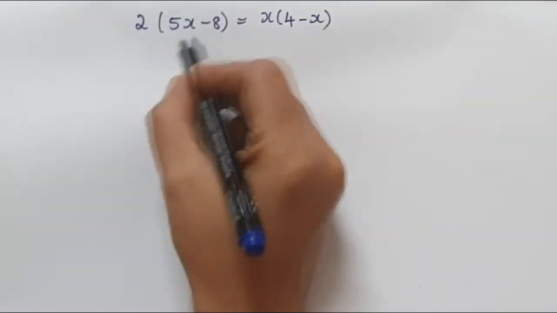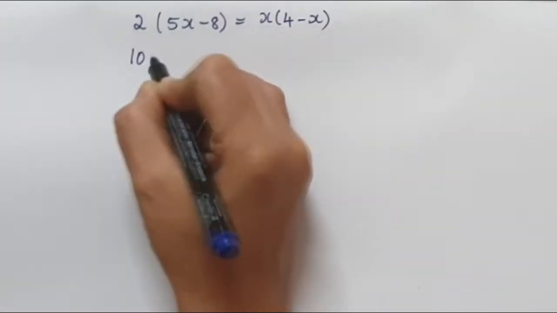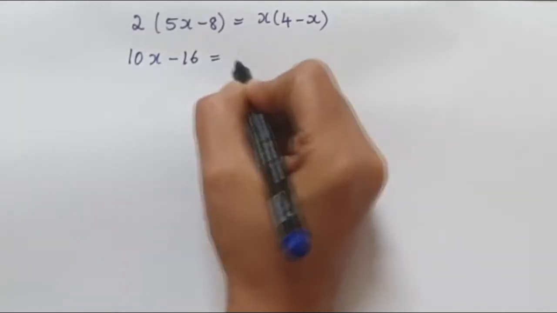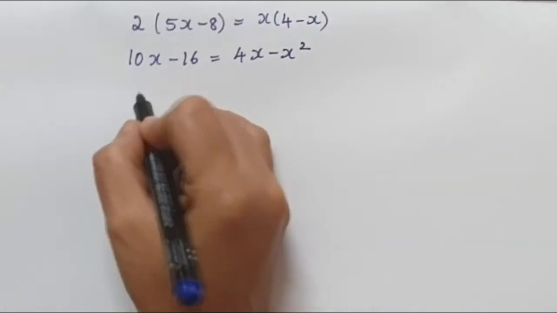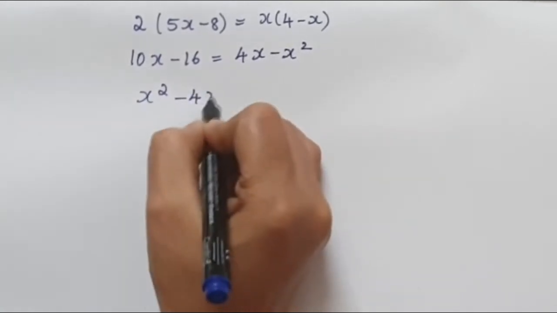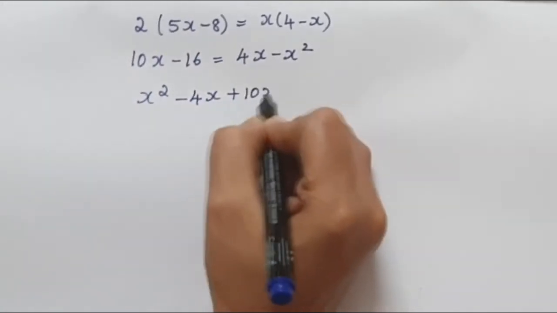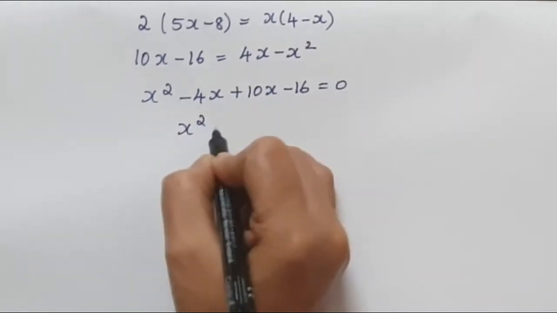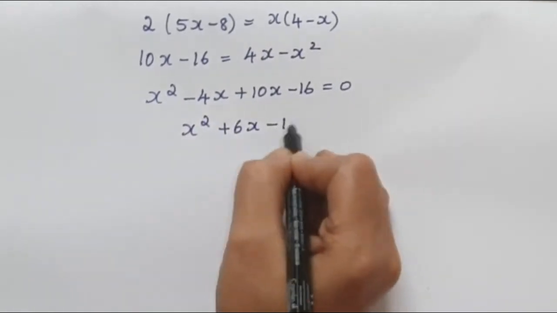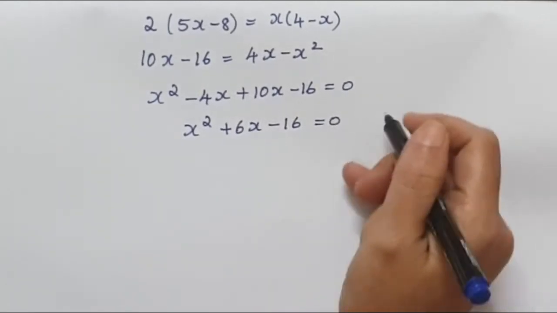So when we multiply it, it is 10x minus 16 will be equal to 4x minus x squared. Shift everything to this side. So it is x squared minus 4x plus 10x minus 16 equal to 0. So x squared plus 6x minus 16 equal to 0.